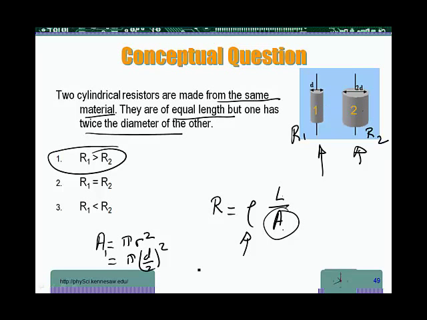For the second one, A2 is going to be equal to pi r squared, but r is going to be d squared. You notice here I have 1/2 squared in the denominator, which makes it 4 times. So actually the resistance is 4 times. R1 is actually equal to 4 times R2.